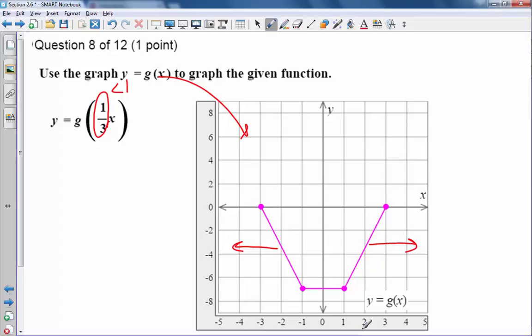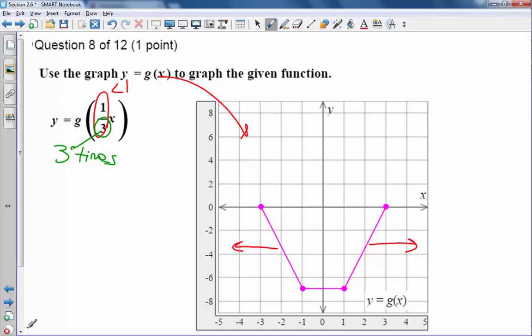Stretching horizontally means you need to expand it to the right and left. How? 3 times. 1/3 means 3 times larger. This is the scale. That means 3 times. Every point will move 3 times to the right or left.